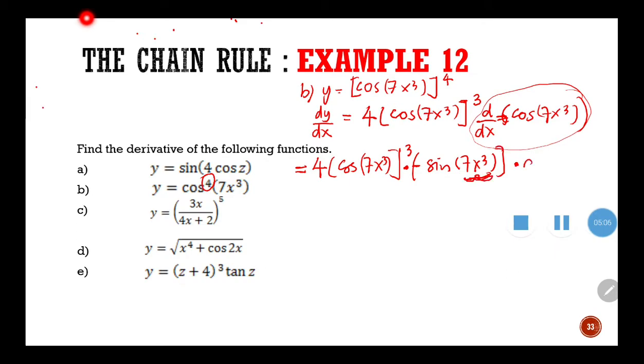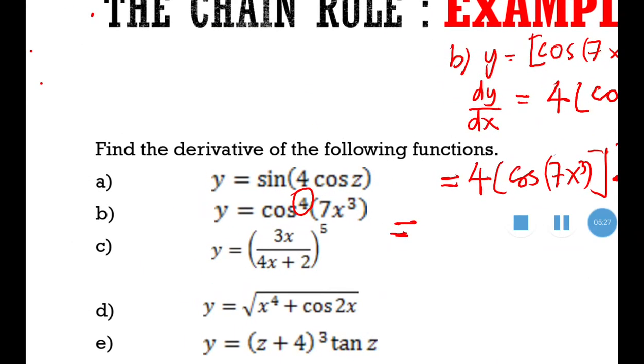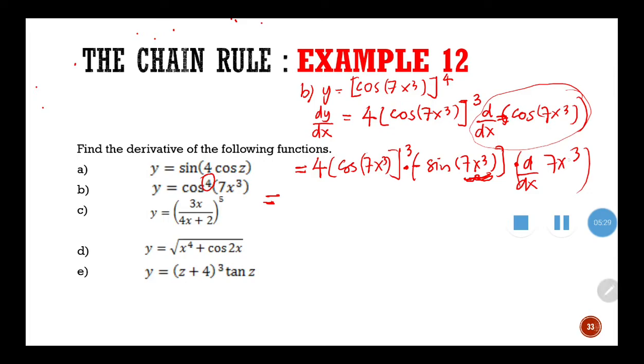Okay, differentiate whatever you have here. So d dx of 7x to the power of 3. So this is the last part that you are to differentiate. Differentiate 7x to the power of 3, what you will get? You will get 21x squared, right? Okay, I just write it directly like that.